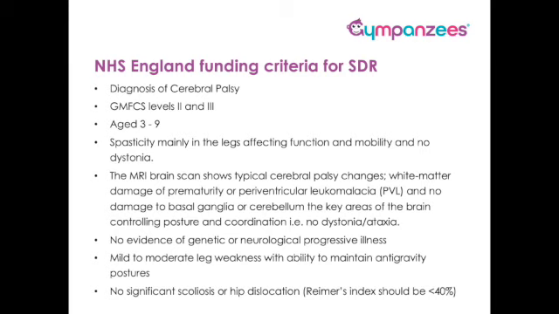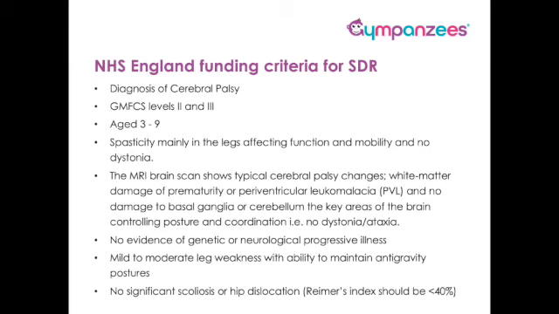The MRI brain scan must show typical cerebral palsy changes, so white matter damage of prematurity or periventricular leukomalacia or PVL. There must be no damage to the basal ganglia or cerebellum, because you'll remember those are the key areas of the brain controlling posture and coordination, and damage in those areas is likely to result in dystonia or ataxia.